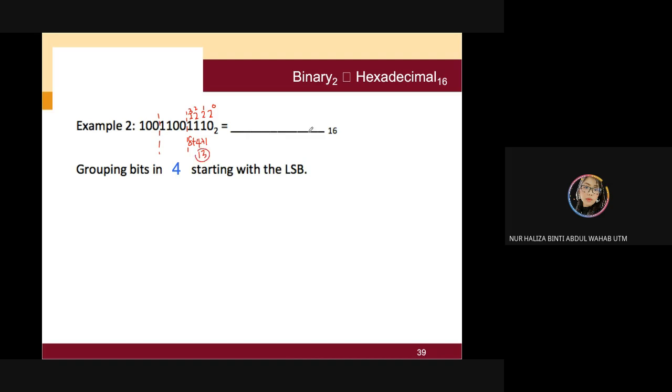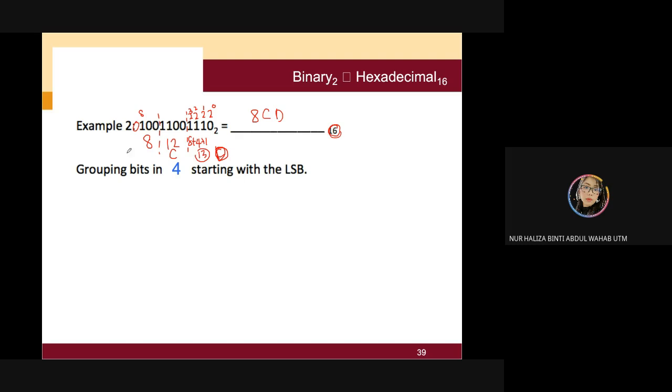Because it is hexadecimal, 13 is represented by a letter: A, B, C, D. So 13 is D. Now over here is 12, which is C, and this one will be 8. So your answer will be 8CD for the hexadecimal.